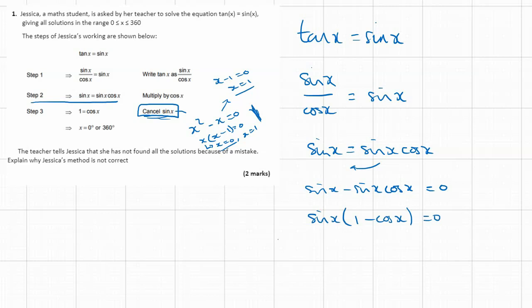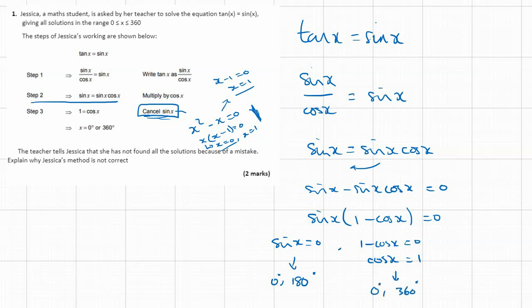So I've got the case for this to be true. Sine x equals 0, or 1 minus cos x equals 0, so cos x equals 1. From there, well, I would get solutions of this to be 0 and 180 degrees, and I would get the solution of this to be 0 or 360 degrees.